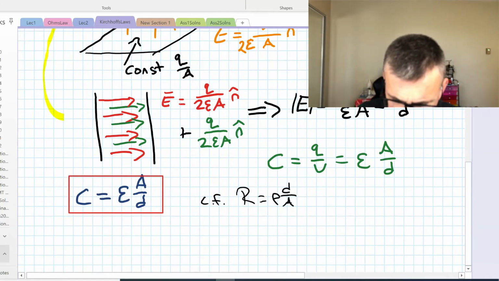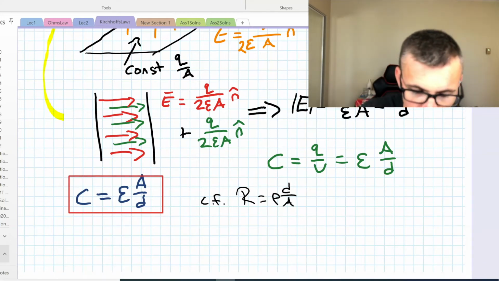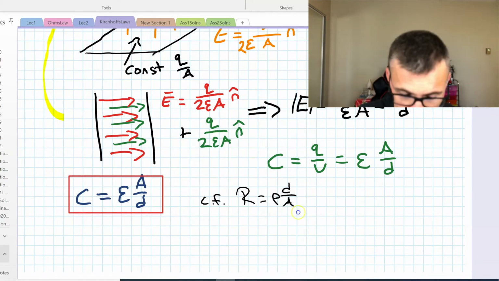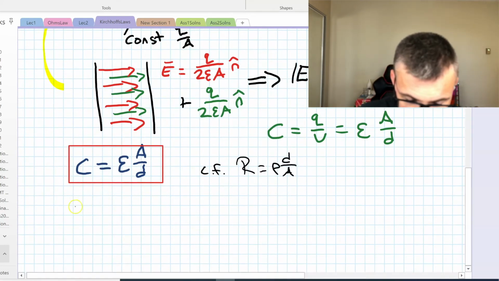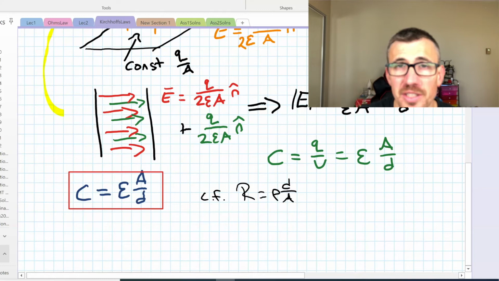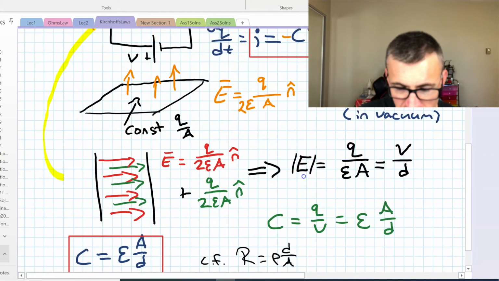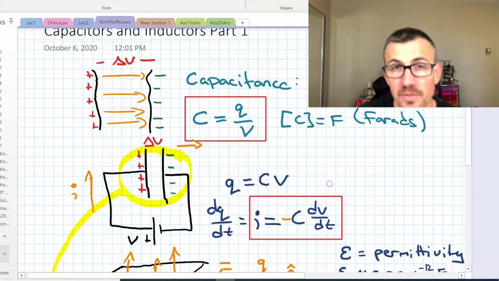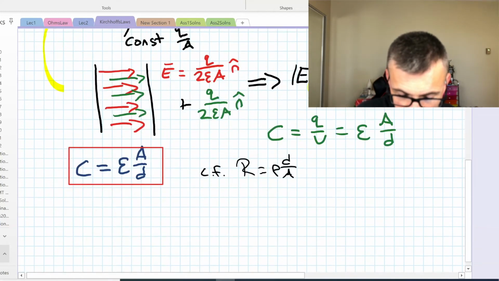Now let's very quickly talk about how to think about these things in a circuit. So a resistor, we had a cartoon. All right, okay, so let's move on and talk about capacitors in a circuit. Let's actually zero in on this process of charging the capacitor.